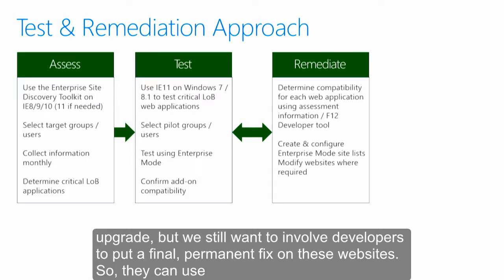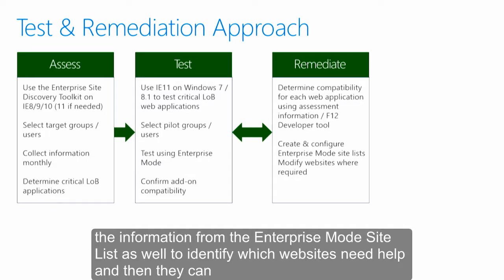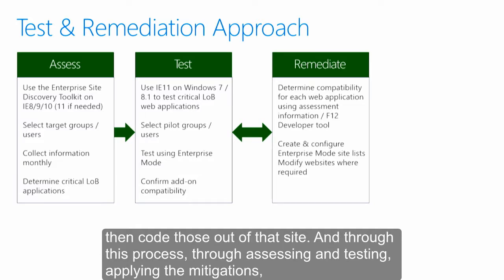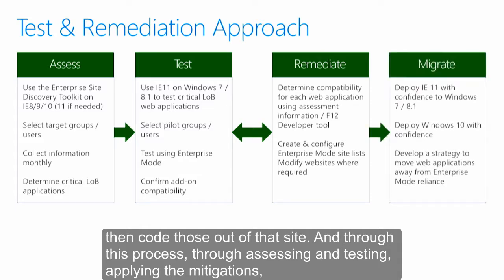we still want to involve developers to put a final permanent fix on these websites. So they can use the information from the enterprise mode site list as well to identify which websites need help, and then they can use the F12 developer tool inside the browser to determine which compatibility issues the site is experiencing and then code those out of that site.